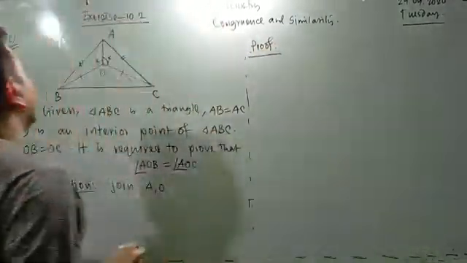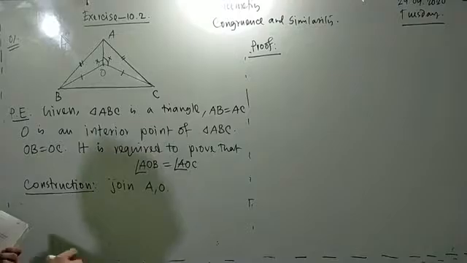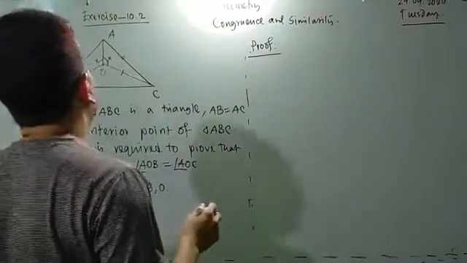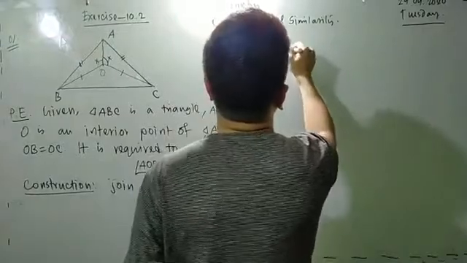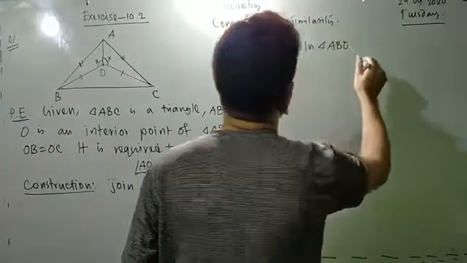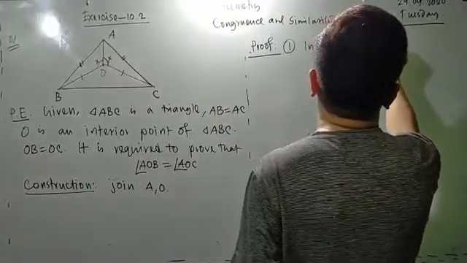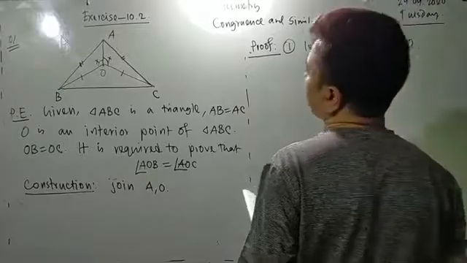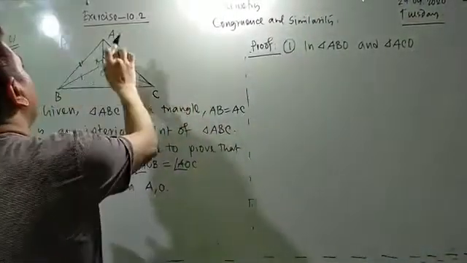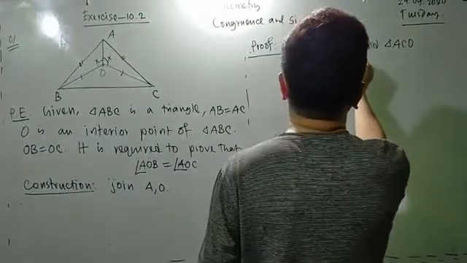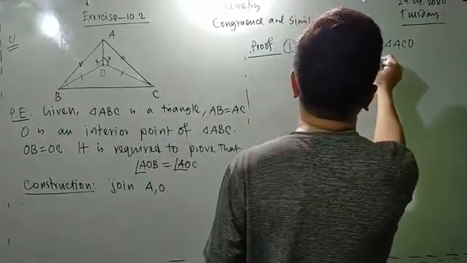Look at that here, in triangle ABO and triangle ACO, AB equals AC.